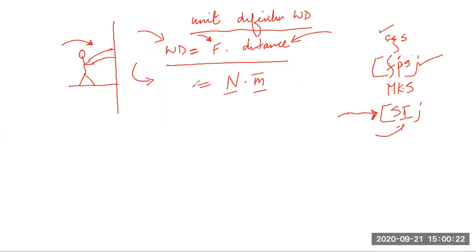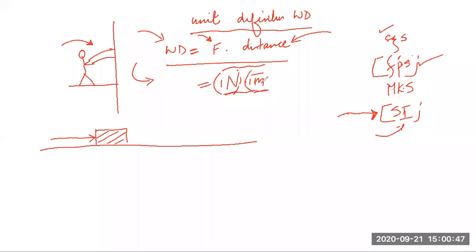Now this is equal to work done. What is the meaning of this Newton and meter? Let's try to understand. Let's say we have a book. We apply how much force? 1 Newton, which can be written like this, and the distance can be written as 1 meter. Am I right? How much force are you applying? 1 Newton.